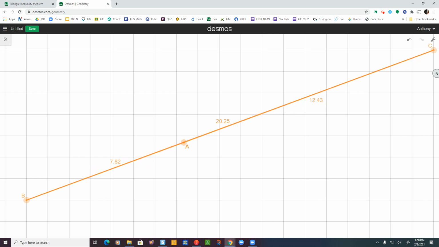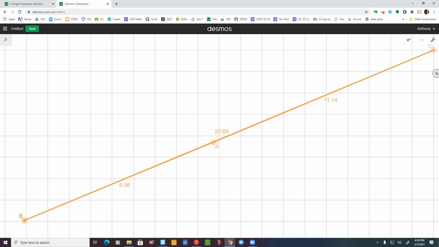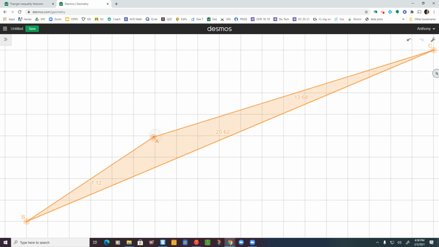Where does it go? Try that. 7.21 and 13.6, that's these guys, add up to 20.81. This is 20.61. It looks like the longest side can never be bigger than the other 2 sides.